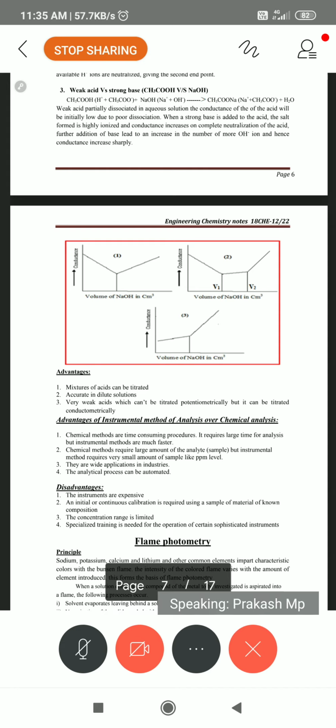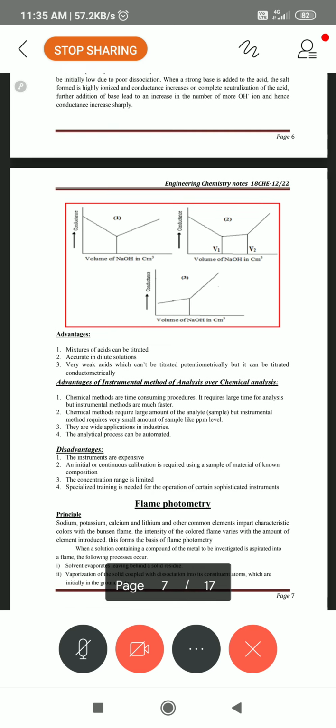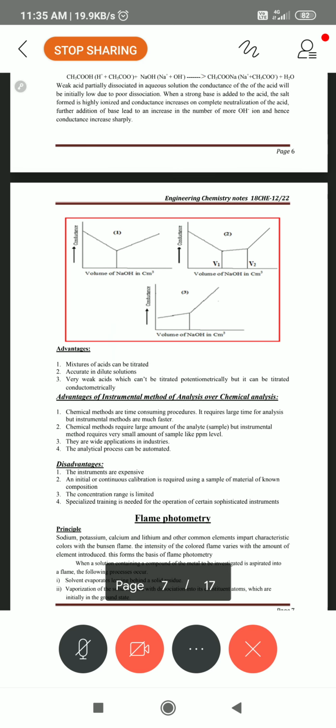For that, we set up the instrument. We take the 570 or 598 nanometer slide and keep it in the instrument where the mirror and lens are. Then we blow the aspirator, which is what we call flame photometry, passing the fuel and passing the air.